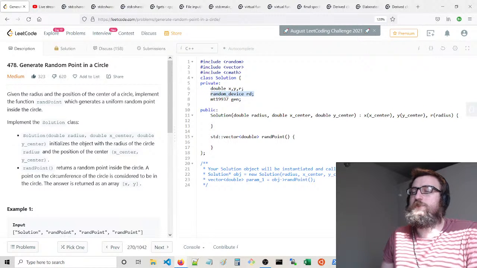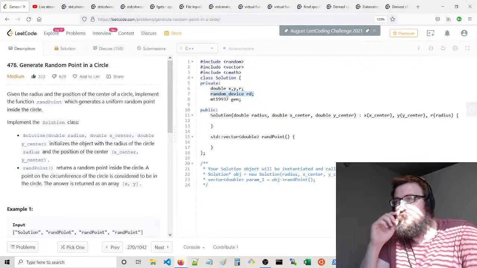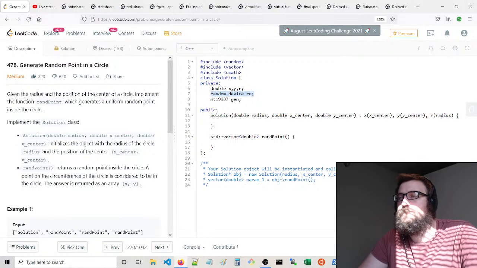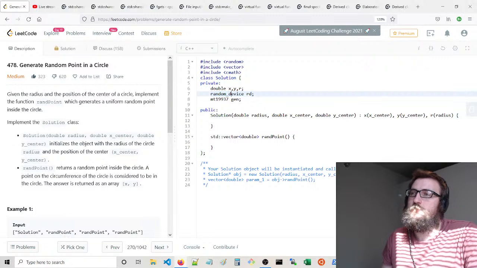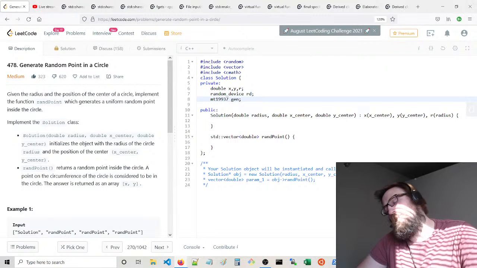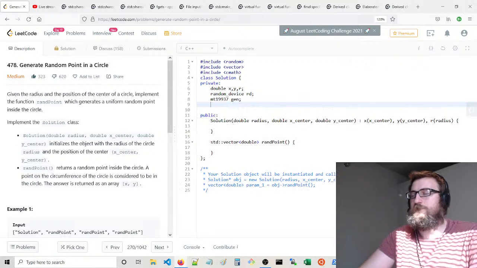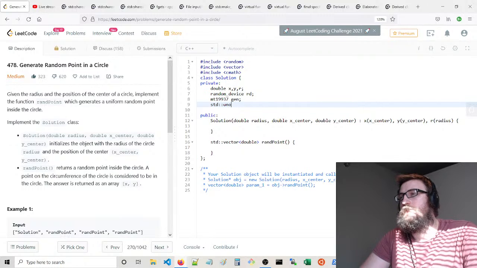This basically gets a random number from the hardware, more or less, or that's the idea. And you use the random device to seed the random number generator, and the random number generator is used to generate numbers for your distributions. So you'll have a standard uniform.